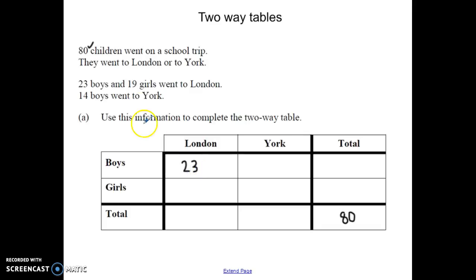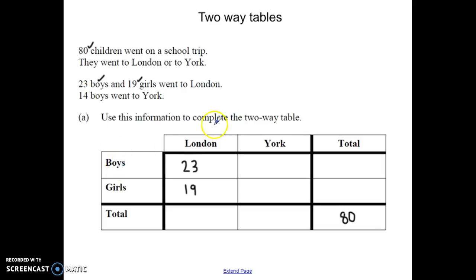19 girls went to London. So where girls and London meet, I will write 19. And then I've used that, and I've used that. Last piece of information I've been given, 14 boys went to York.